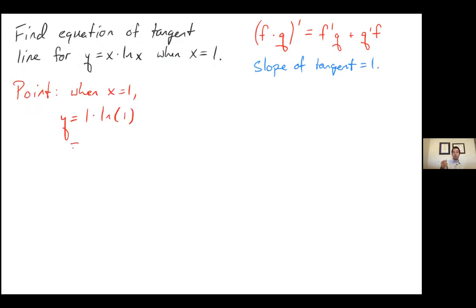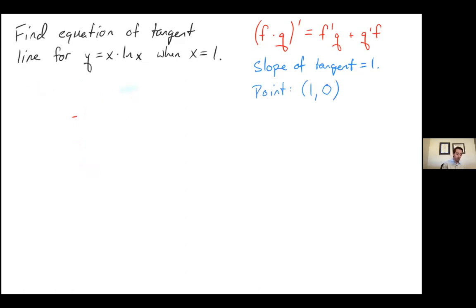And once again, ln of 1 is going to be 0, right? So this will be 1 times 0, or 0. And it always feels weird for me to circle a 0 because it just looks like a donut. But the point here is going to be 1, because that was the x, and 0, because that's the y. Okay, so now we have a slope and we have a point.